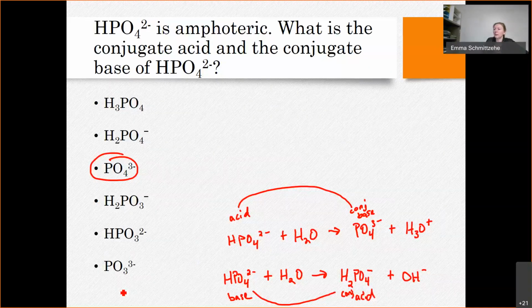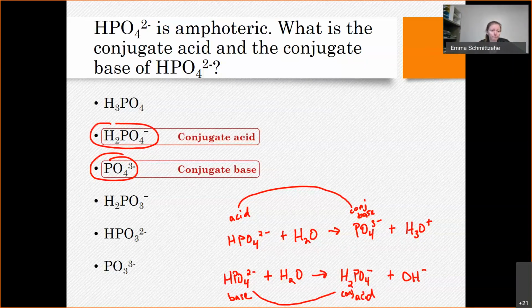And so that one, let's see, where is it? It's here, okay? That must be my conjugate acid then. Okay, so that's an amphoteric substance because it can donate a proton and it can accept a proton, okay? And you should be able to identify what are the conjugates of this, okay?